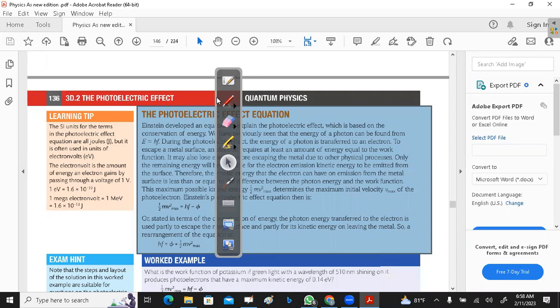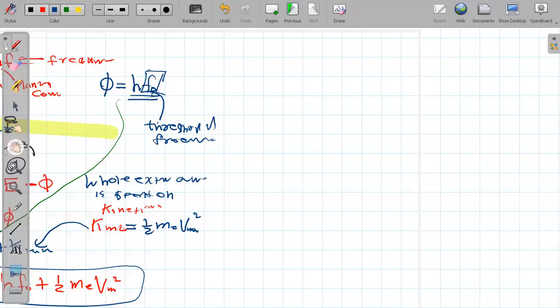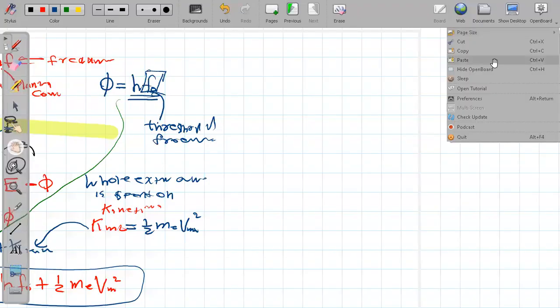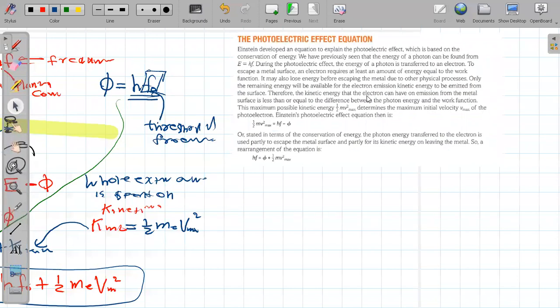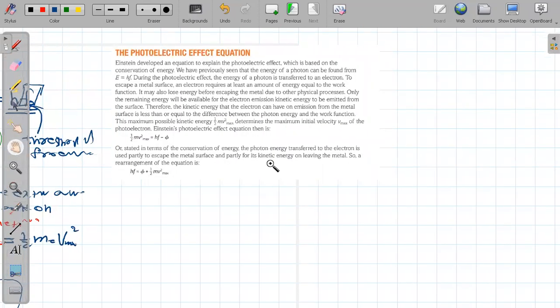According to the textbook, it says something like the photoelectric equation. Let me explain that using the textbook too. It's the same thing, but the textbook represents it in a weird manner.